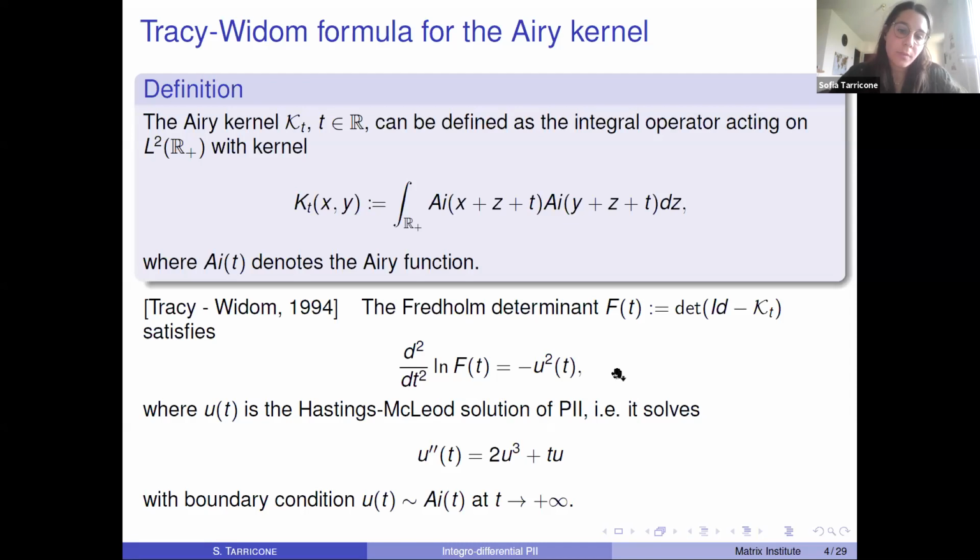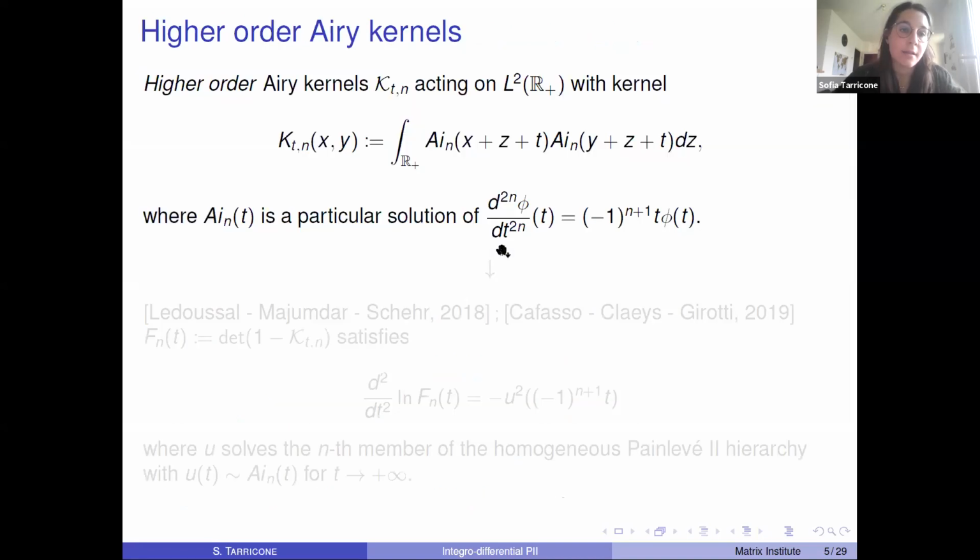Recently in the literature, we met some new generalizations of this Airy kernel, and it was quite natural to ask for a kind of Tracy-Widom formula for these generalizations. These generalizations are called higher order Airy kernels. Essentially you take the same integral operator acting on the same space, but now you replace the Airy function with the nth Airy function.